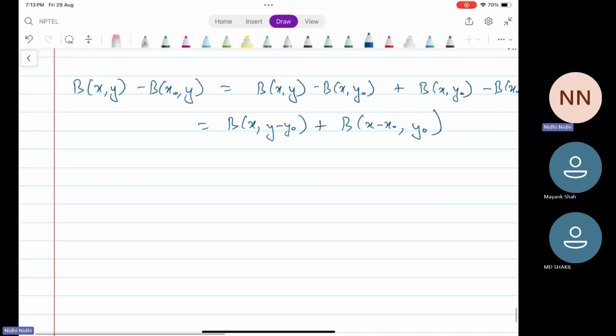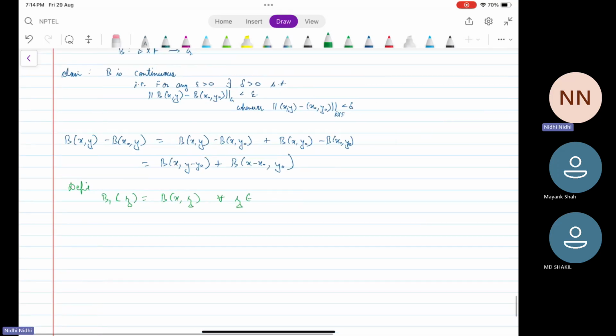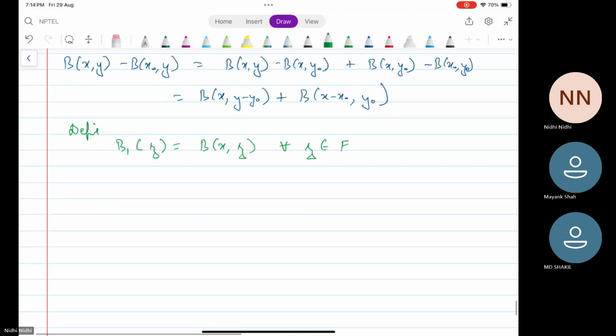Now let's denote b1, defined at any point z as b1(z) equal to B(x, z) for every z in F, and b2, where we have fixed the second component, b2(z) equal to B(z, y naught) for every z in E. Now since B is a bilinear map, this implies b1 and b2 are linear maps.